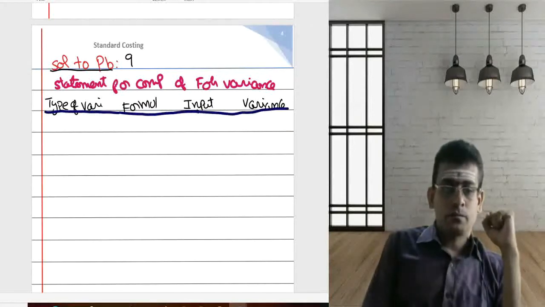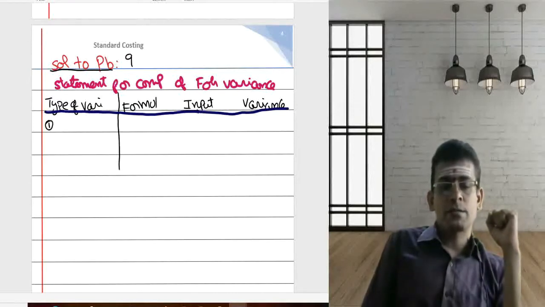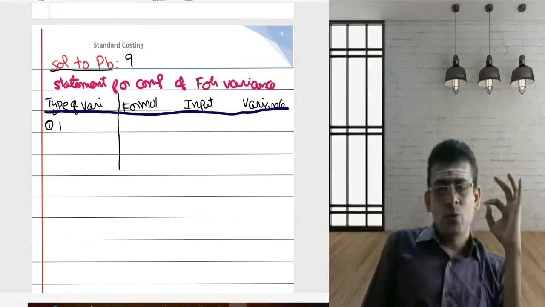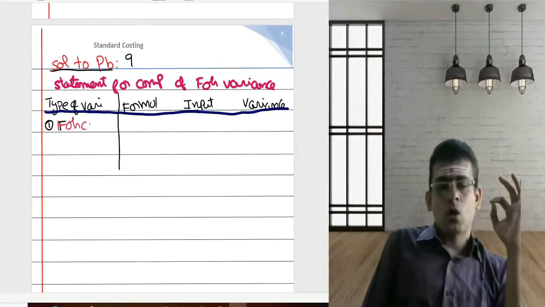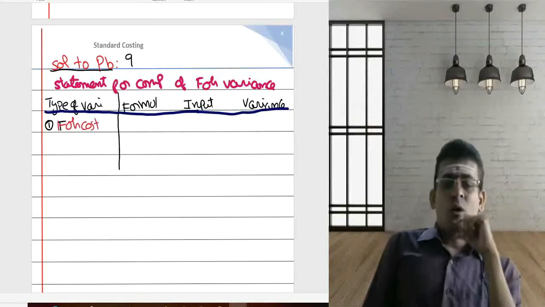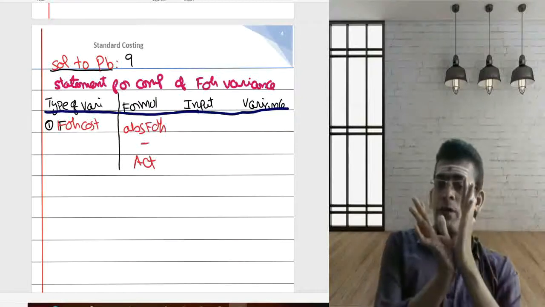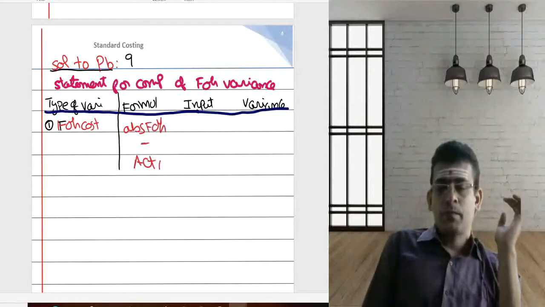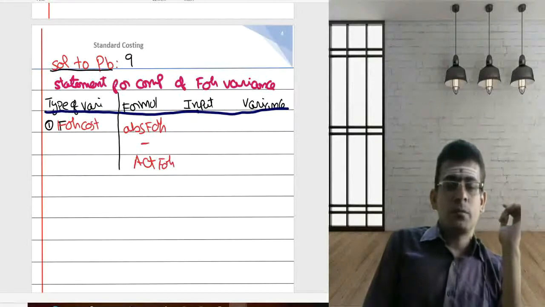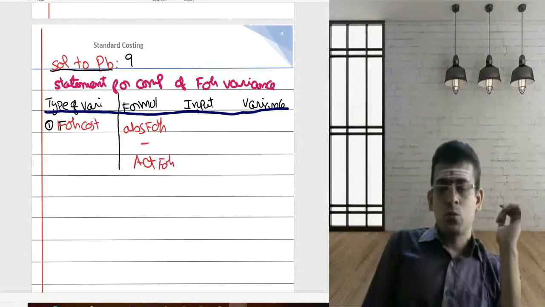Clear? Now, type of variance. What is my first type of variance he is asking? He is asking you to calculate the fixed overhead cost variance. That is the first one. What is the formula? Observed fixed overhead minus actual fixed overhead. The difference between observed and actual is going to give you the cost variance.